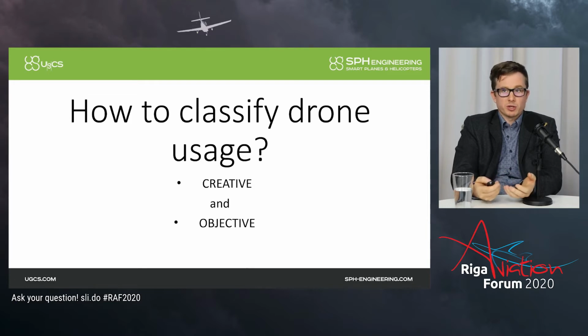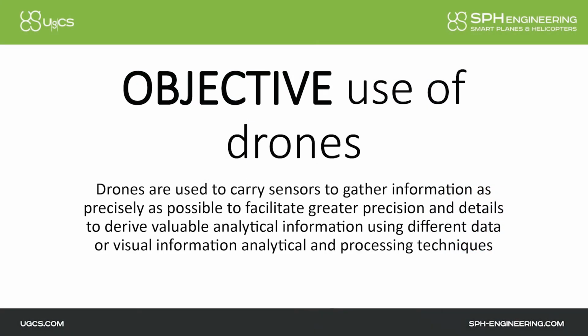So let's return to objective ones. Objective use of drones. So in this case, drones are used with different sensors, not just cameras. It can be ground-penetrating radars, different multispectral cameras, radio frequency monitoring devices, and other sensors to get the data, which can then be processed with different techniques, new or half a century old ones, like for surveying and mapping.